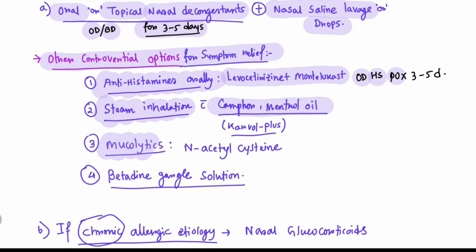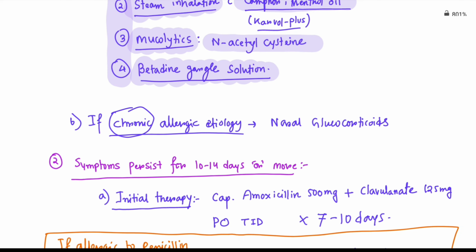You can use mucolytics like N-acetylcysteine. You can advise betadine gargle solution mixed with the same amount of water for gargling. These other options have no proper evidence that they are helpful, but they do provide symptomatic relief. If there is any chronic allergic etiology present, you can advise nasal glucocorticoids.